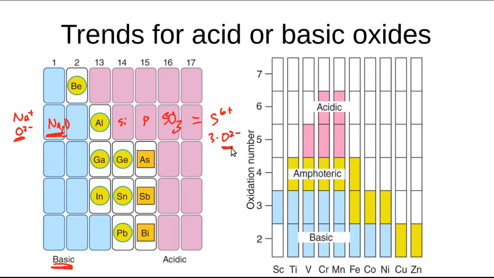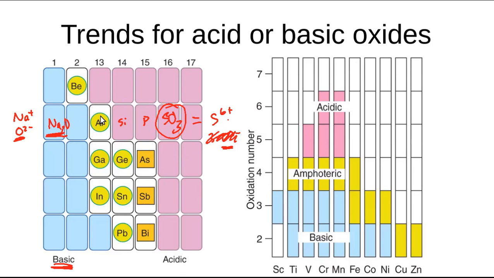And even though the oxide 2- is a very, very strong base, stronger than you can have in water, the sulfur 6+ is a very strong acid. So it's much, much stronger acid than the free oxide ion. So this is termed an acid oxide.